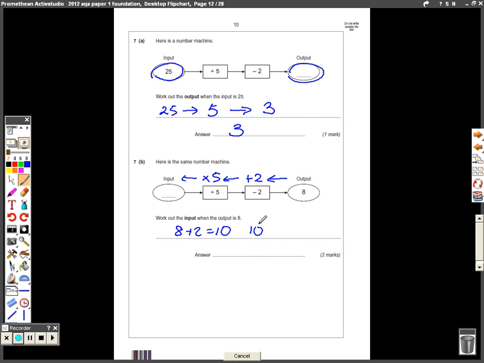So I've got 10 at the moment. If I multiply by 5, I get 50. So the number going in must have been 50. We'll just quickly check. 50 divided by 5 is 10. 10 take away 2 is 8. Next question.